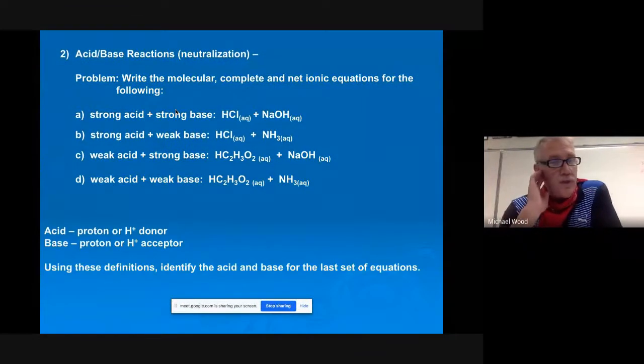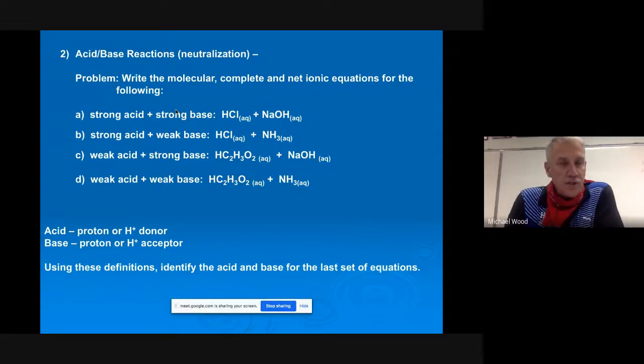But then there was this question, and this reviews an acid and a base. A base is a proton acceptor. There are two definitions of acids and bases, but really there's just one for acids: an acid gives up a proton, or an H. But bases have two definitions. They are a proton, or H plus, acceptor, but they're also known for giving up OH.